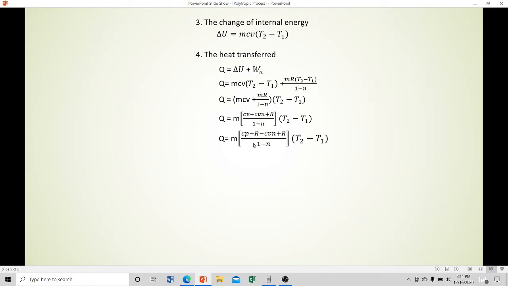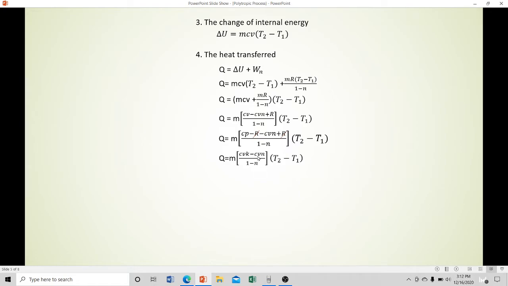And we know that the specific heat ratio k is equivalent to Cp over Cv, or Cp is equal to Cv times k. So we can rewrite this form, and the R cancels. Cp becomes Cv k minus Cv n, over 1 minus n times T2 minus T1.